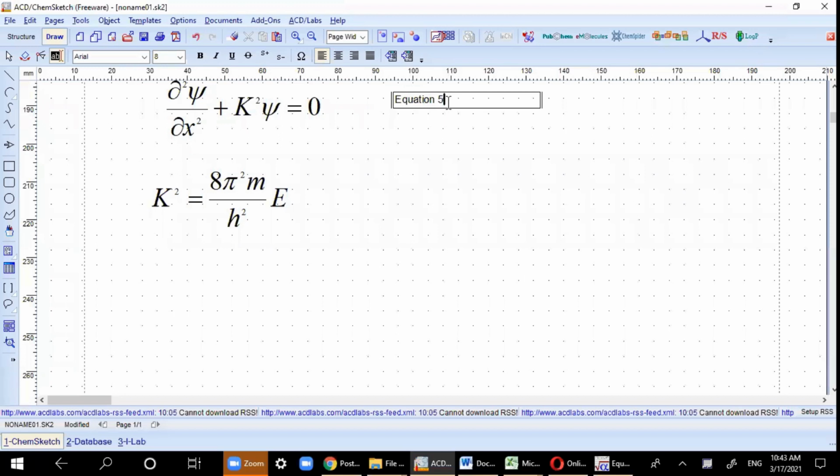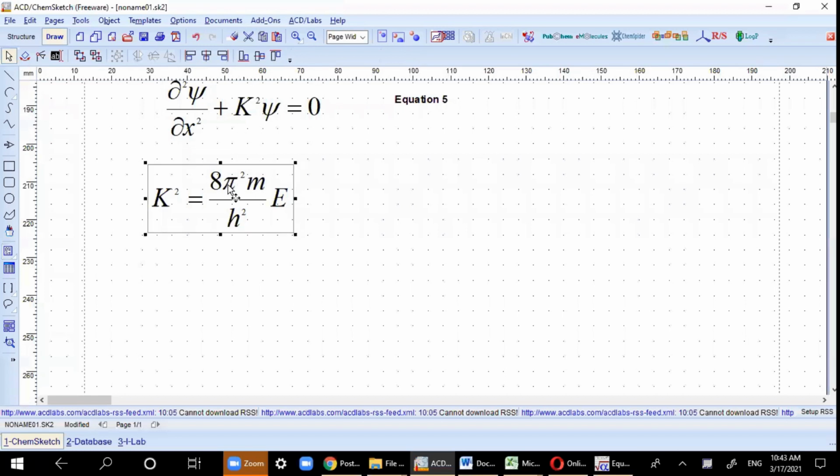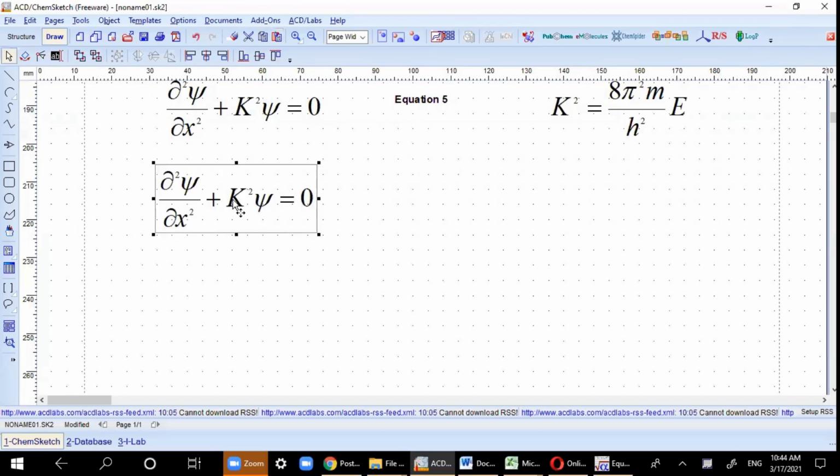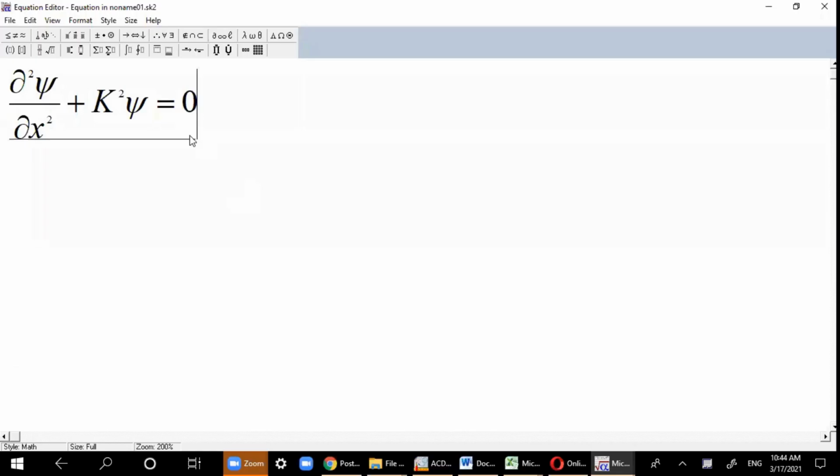For equation 5, the standard solution is psi equal to e power mx.